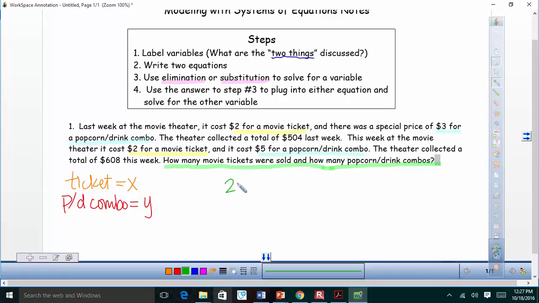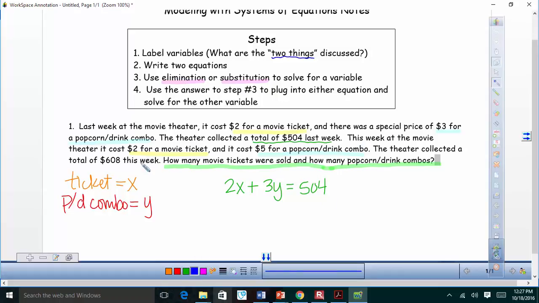So it would be 2x plus, how much did it cost for me to get popcorn and a drink? So $3, okay? Then it says it collected a total of $504. So all the movie tickets plus all the popcorn bought was $504, okay?